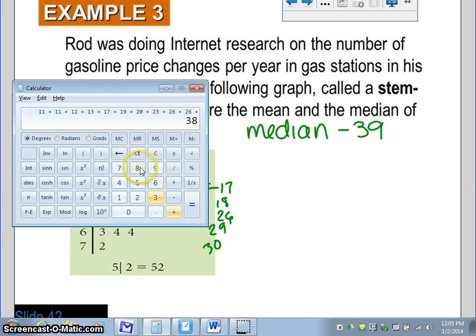Third row, 38 plus 38 plus 39 plus 39 plus 39 plus 39 plus 39, so that's the third row, plus 40 plus 52 plus 52 again plus 54 plus 55 plus 55 plus 55 plus 56 plus 57.